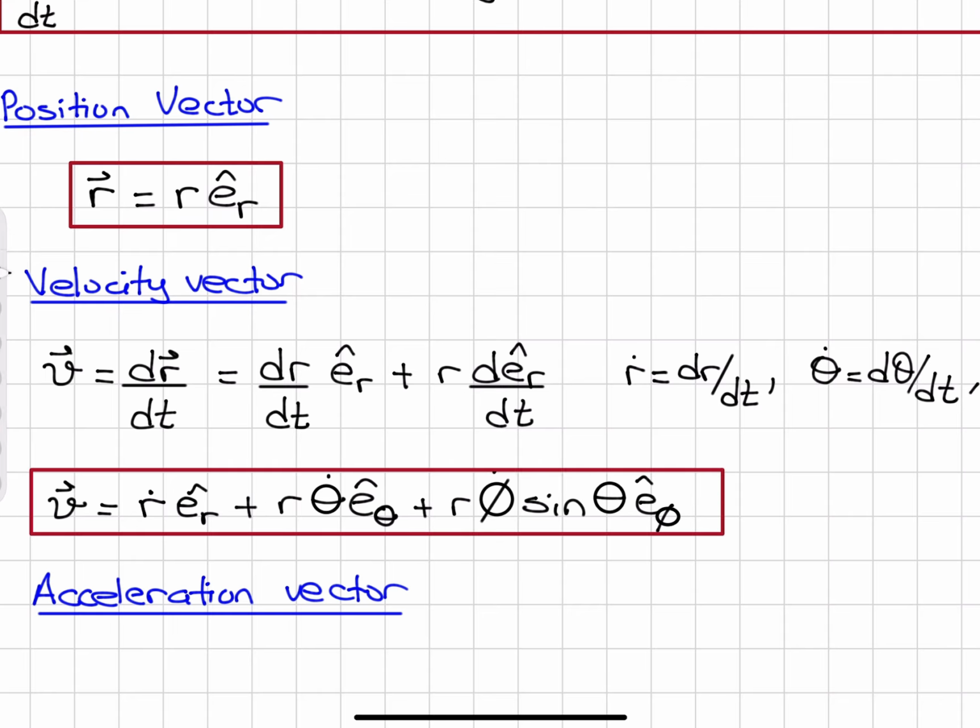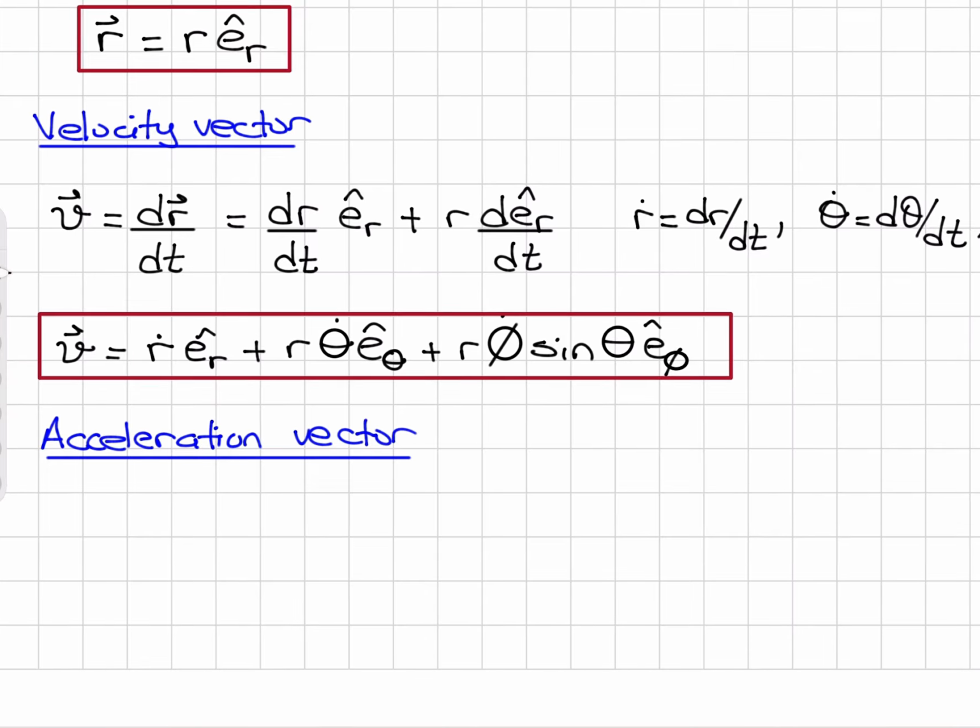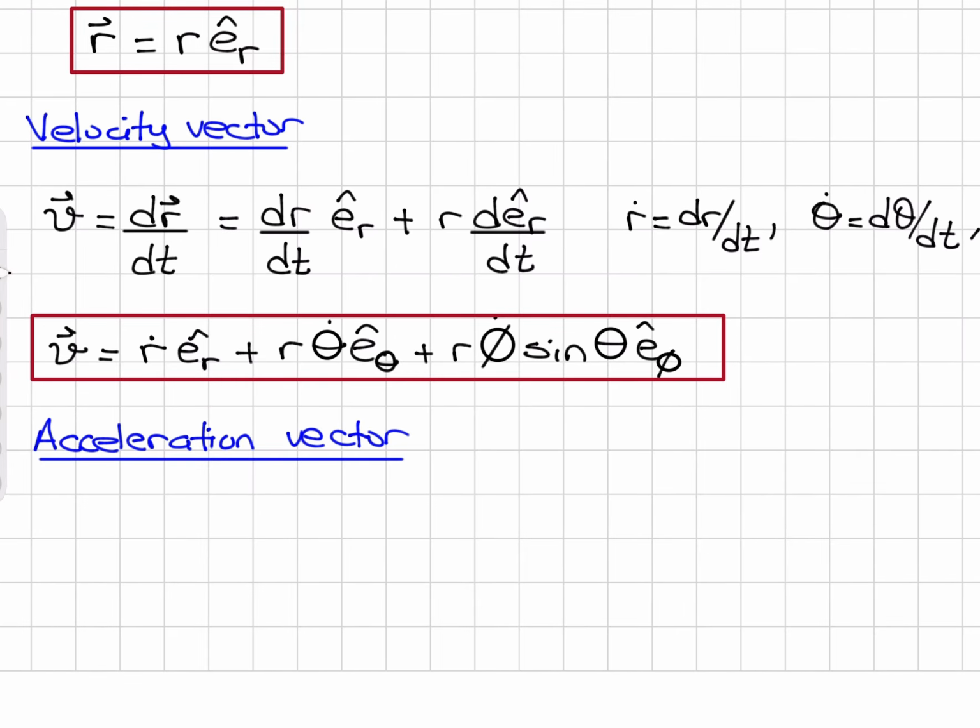For the acceleration vector, we have to take one more derivative. Acceleration is time derivative of velocity, so it is dv dt.